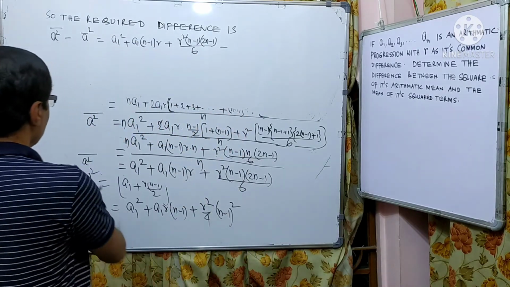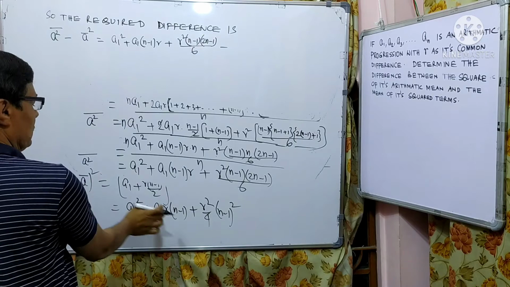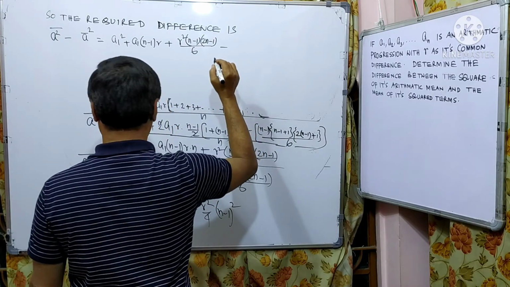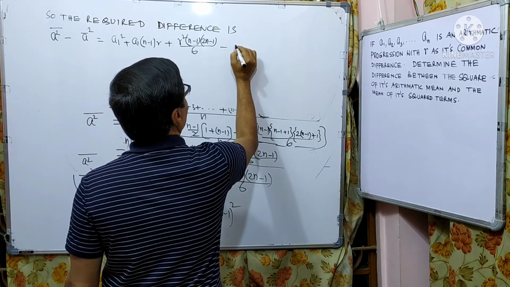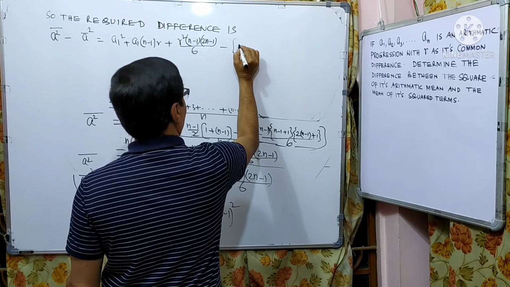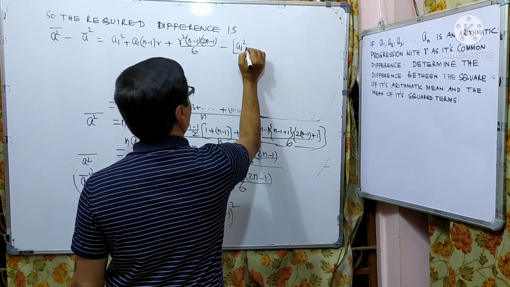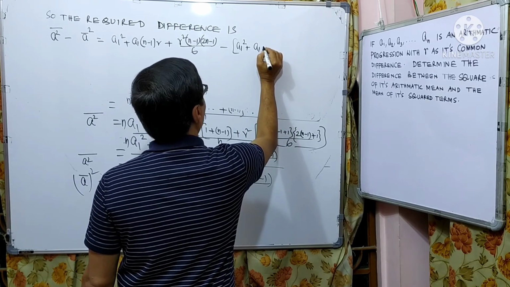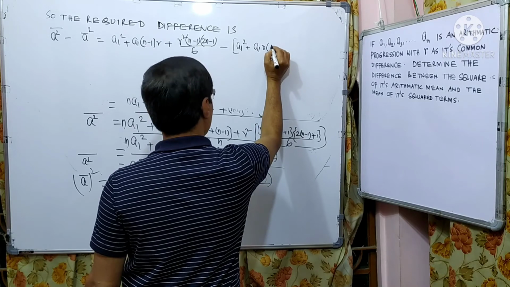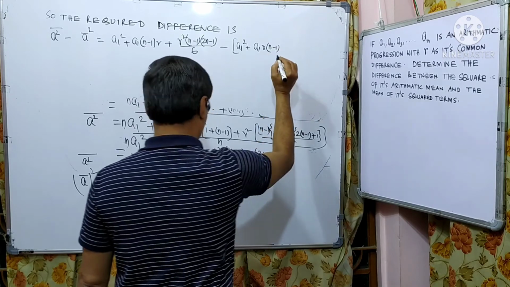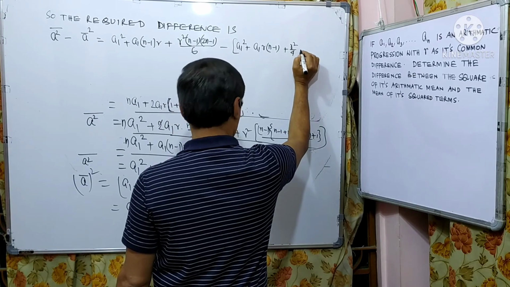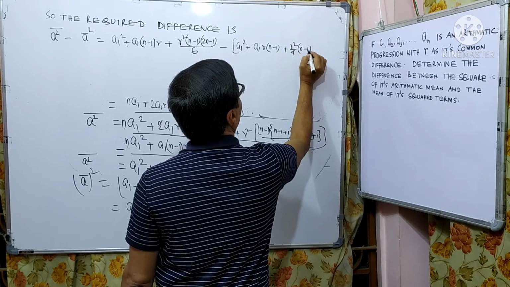The square of the mean is a bar square, which is got as a1 square plus a1 r into n minus 1 plus r square over 4 into n minus 1 square.